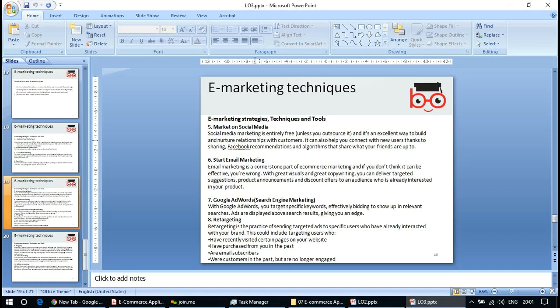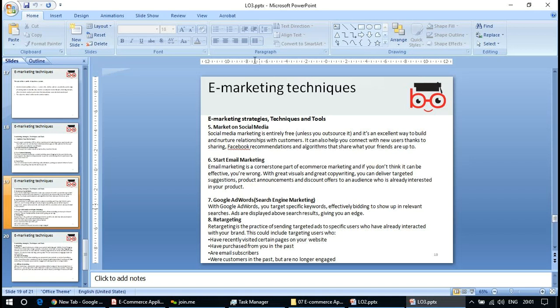I remember when it was free. It is still free, but they have made some changes to the way the post is served to your friends and the people who have liked it. They need to explicitly mark that they want to see all the posts from this page. Then start email marketing.